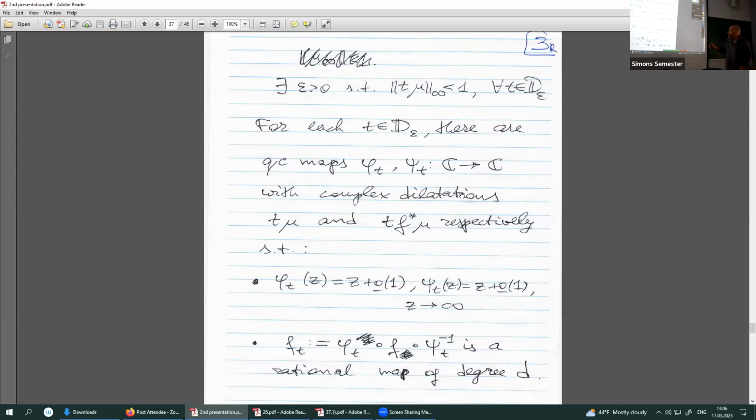Then for each such dilatation, there is a unique quasi-conformal map with this normalization at infinity. And this quasi-conformal map corresponds to this dilatation, which is pulled back. Okay, and then it's also well known that this map is rational.